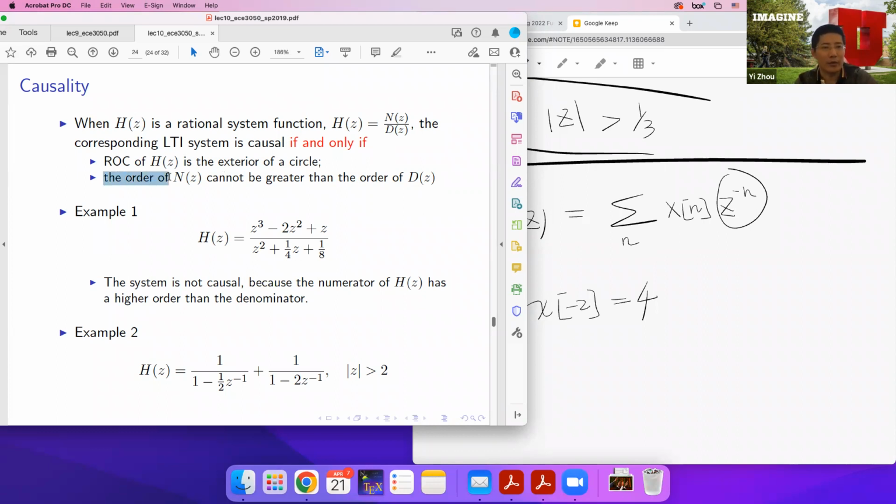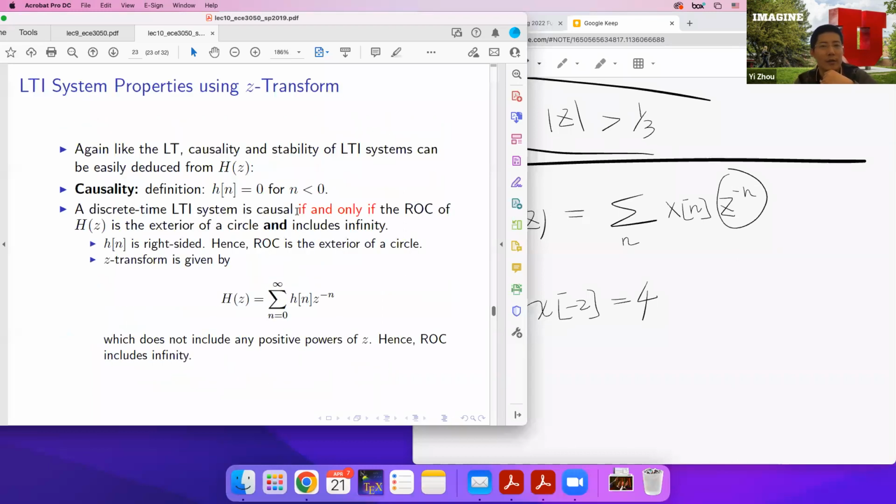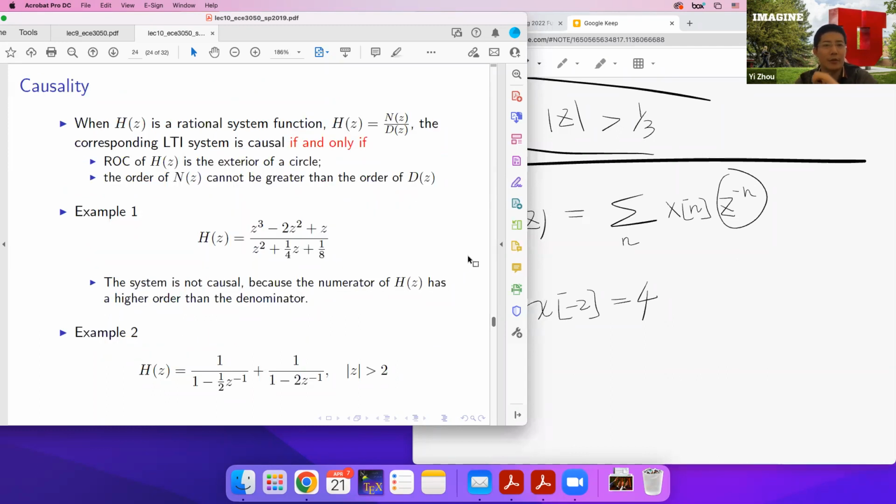And the second criterion is that the order of the numerator should not be greater than the order of the denominator. This is to guarantee that the ROC includes infinity. So infinity is not a pole of this Z transform. In that case, the ROC includes infinity.